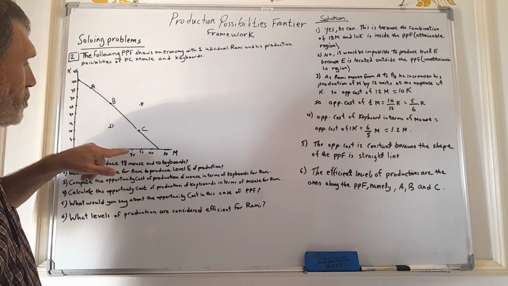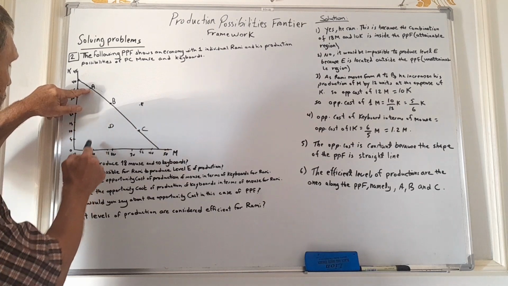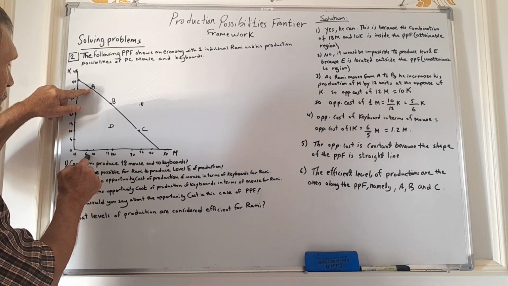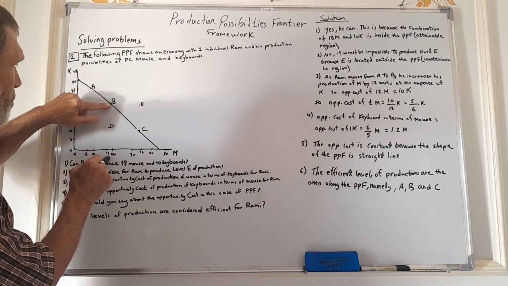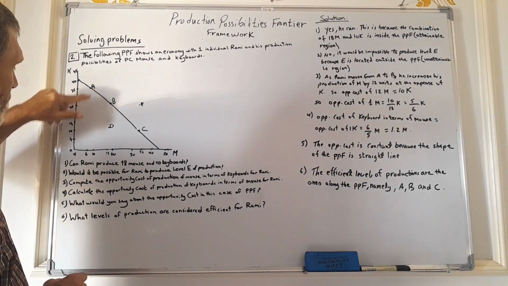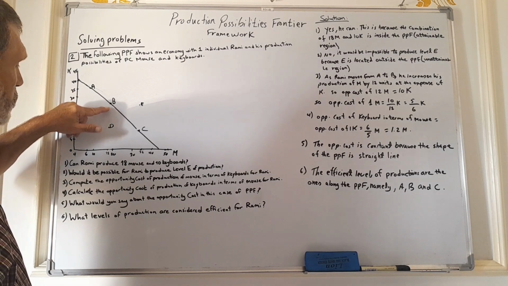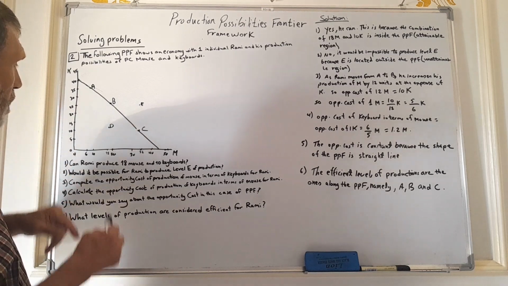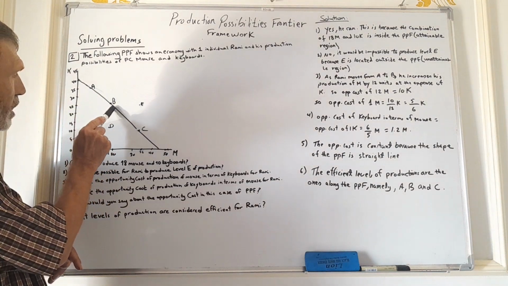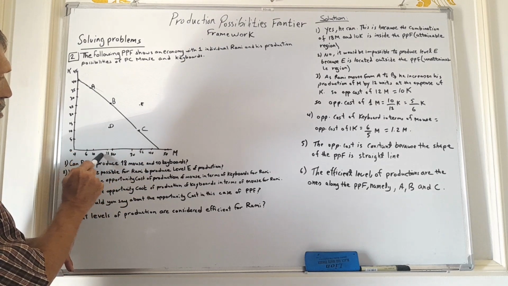At A, he is producing 6 mouse and 35 keyboards. At B, he produces 18 mouse and 25 keyboards. So, as he moves from A to B, the production of mouse increases from 6 to 18.